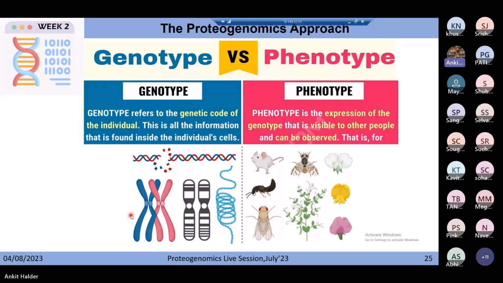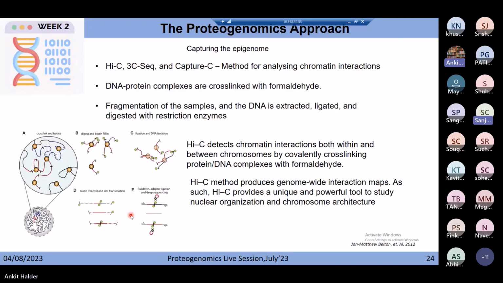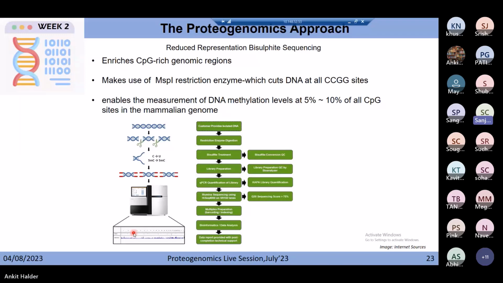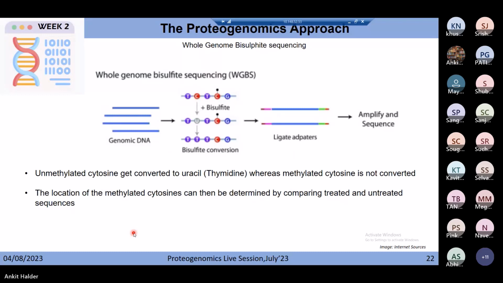Understood. Sir, can you please go to the slide where whole genome is written? Sorry, sir, the whole genome process. I have a question on that. Is this one? Yes, sir, this one.